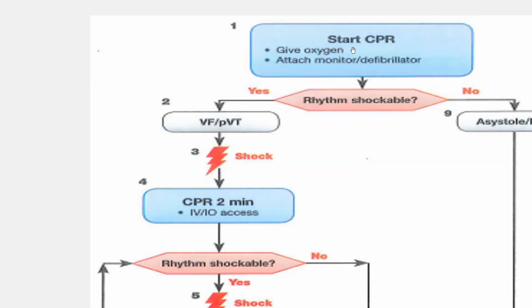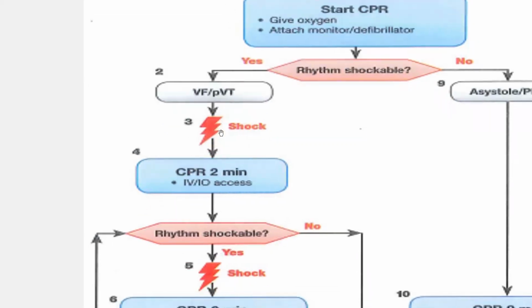So once you identify that a patient has ventricular fibrillation, you give oxygen, you attach them to the monitor or the defibrillator, and ask yourself, is the rhythm shockable?